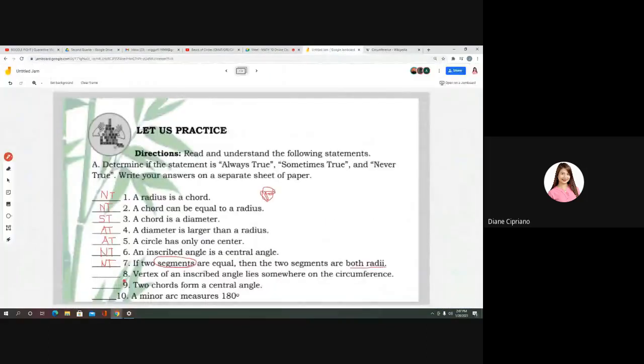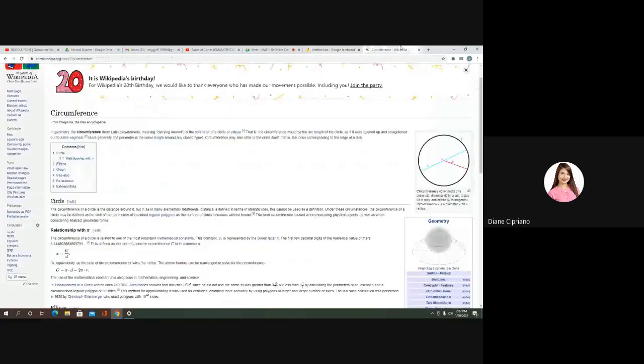So the question is, the vertex of an inscribed angle lies somewhere on the circumference. Is it always true, sometimes true, or never true? Sabi dito, ang circumference of a circle is the distance around it.